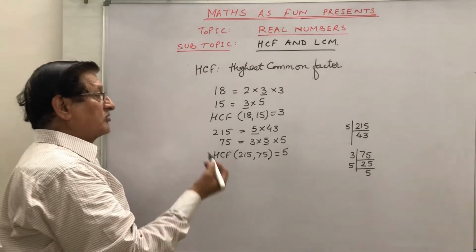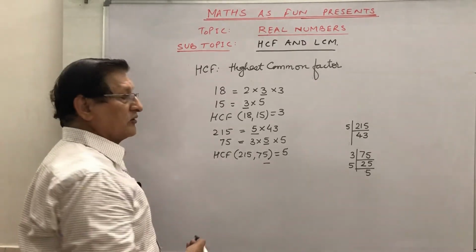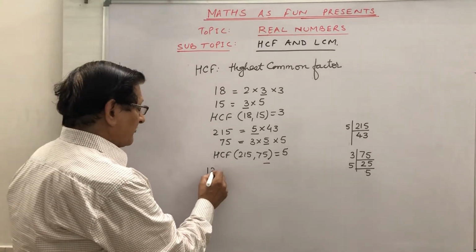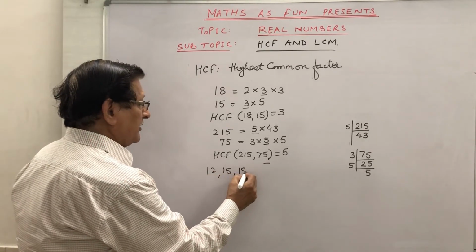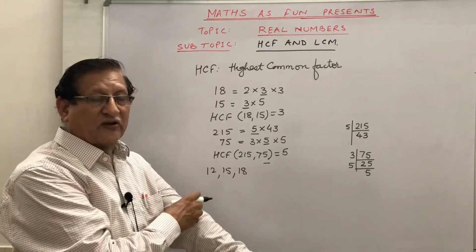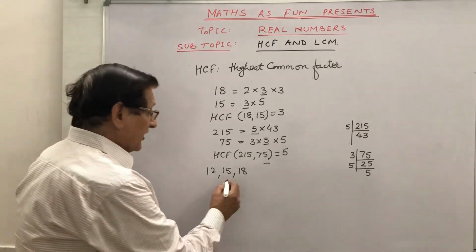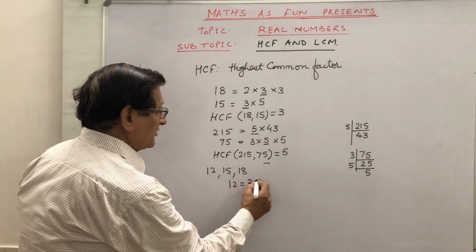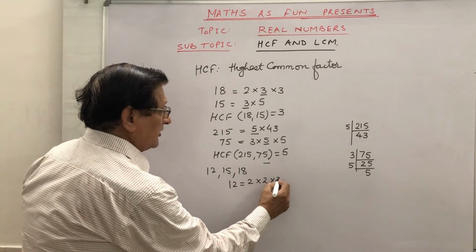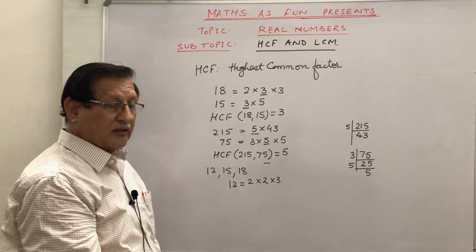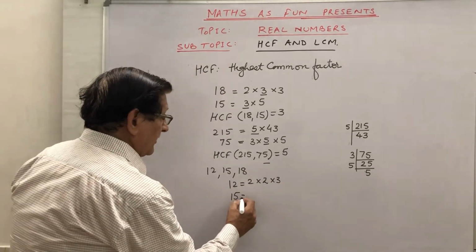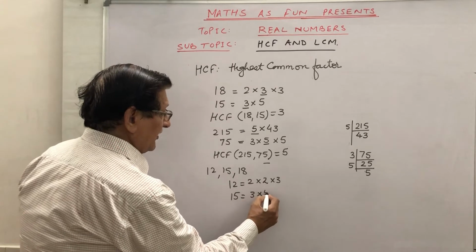In case you have three numbers and you want to find out the HCF of them, suppose you have 12, 15 and 18 and you want to find the HCF of them by factorization method, then the factors of 12 you can make 2 into 2 into 3, 2 2s are 4, 4 3s are 12. That of 15 you are able to make, that is 3 into 5.